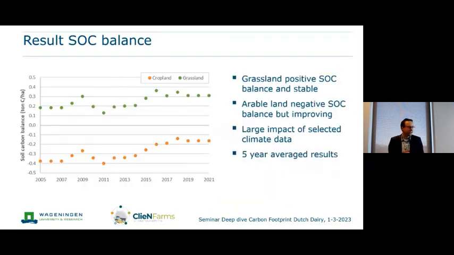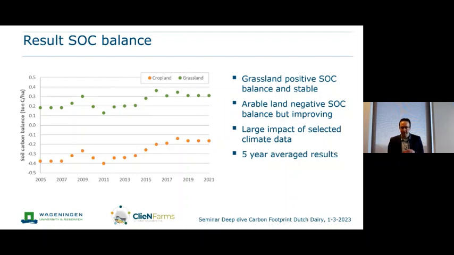What is the result? Also here, for cropland we see a negative carbon balance, and for grassland positive. For grassland more or less stable, whereas for cropland we see an increase, especially in the last years, mainly due to more cover crops, but it can also be some cropping pattern changes.